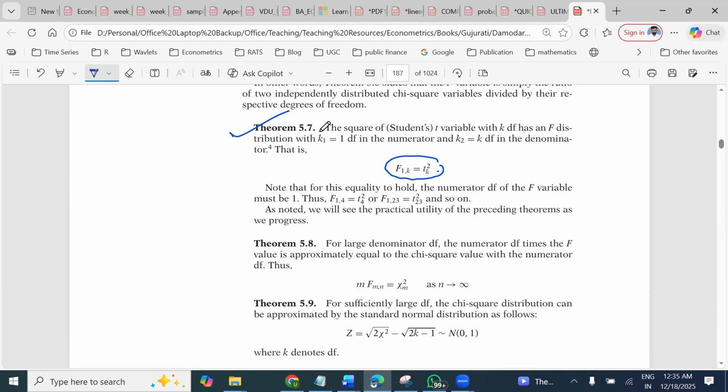Can you see? The square of a t variable with k degrees of freedom has an F distribution with 1 and k degrees of freedom. Yes or not? Is it clear, Sangeeta?